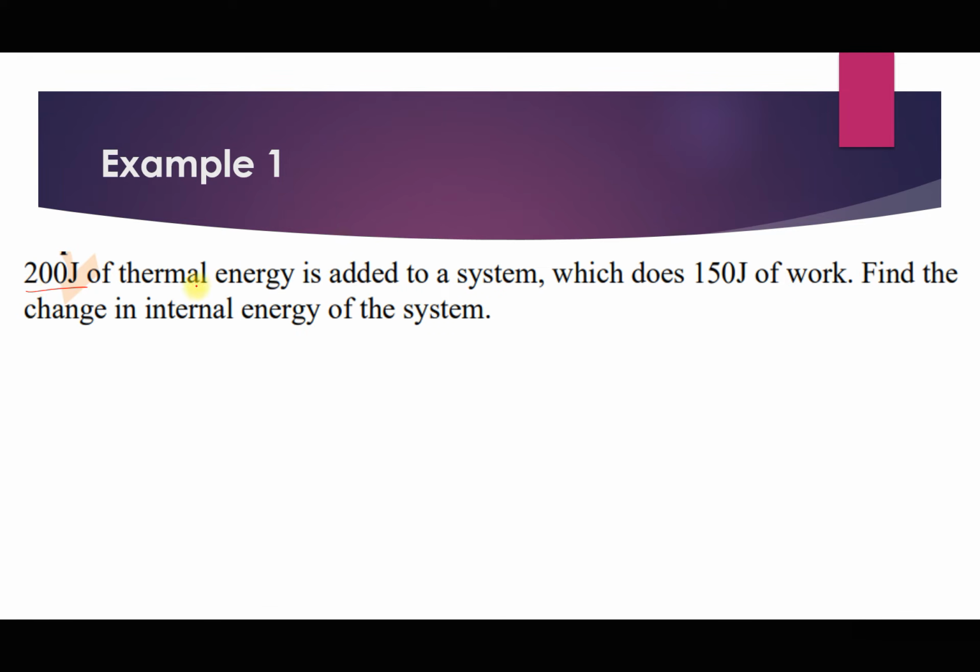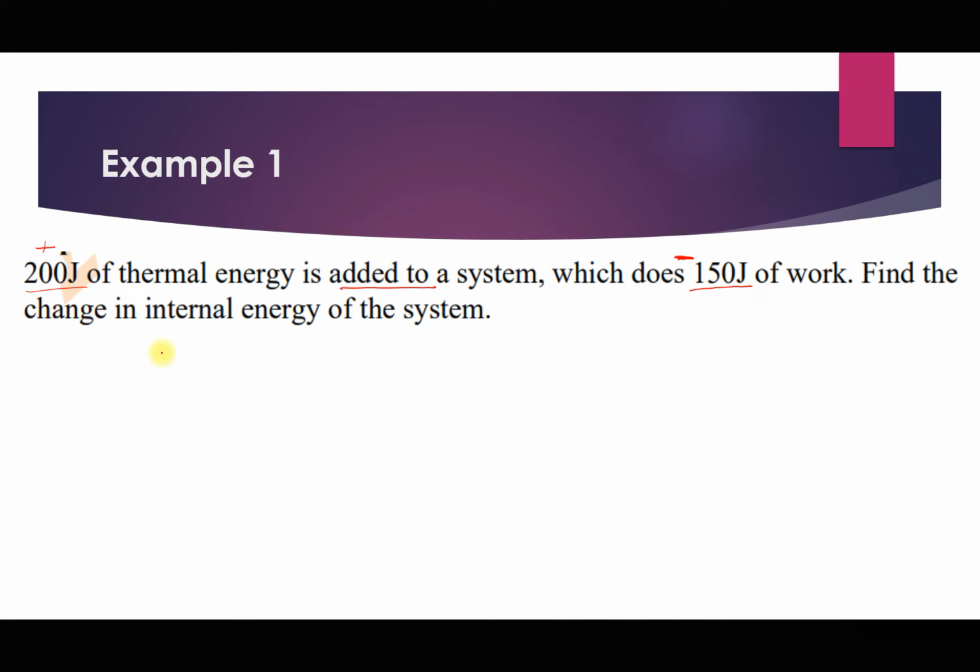200 joules of thermal energy is added to the system. Because it is added to the system, this is going to be positive, and the system does 150 joules of work. That means the system does work. Because the system does work, the work done by the system is negative by the sign convention. Find the change in internal energy of the system.